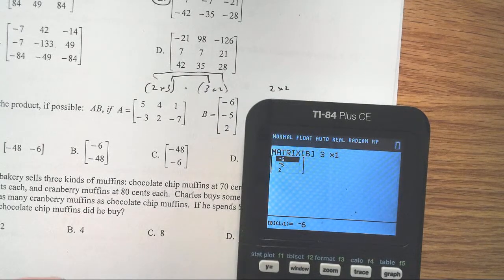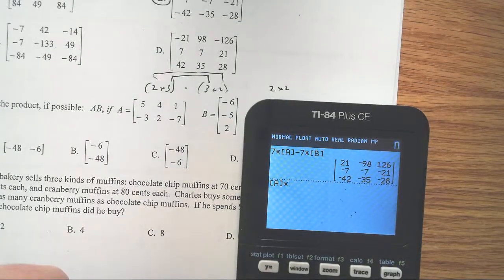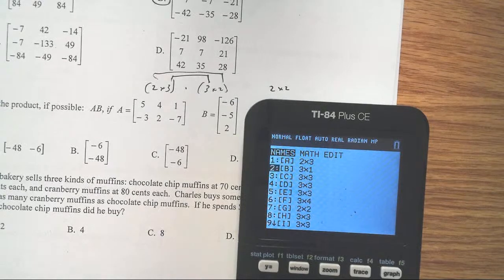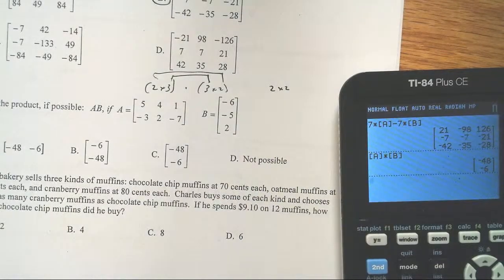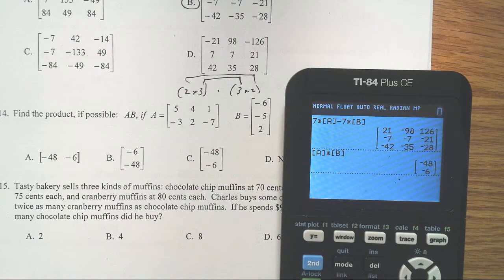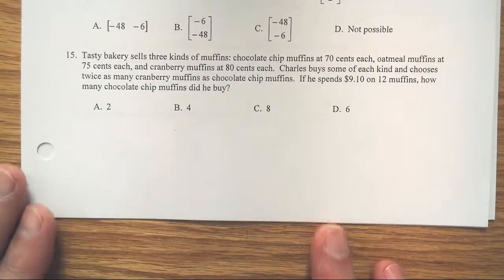And I second quit, and I second matrix, and I select A, and I multiply it by second matrix, and I select B, and I've got -48, -6, C. Okay, pretty straightforward.